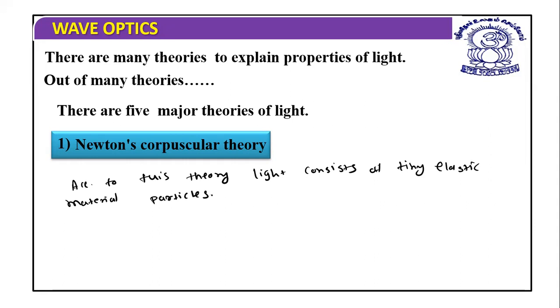So basically, according to Newton's corpuscular theory, the light has particle behavior. These particles are called corpuscles.